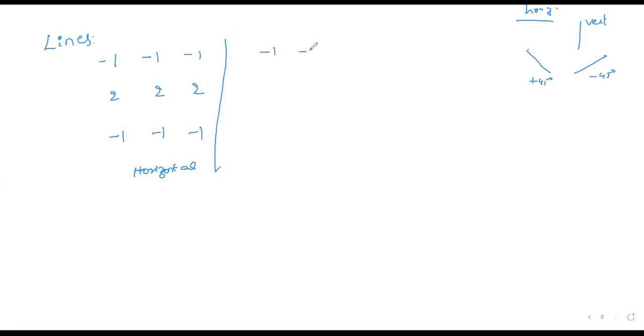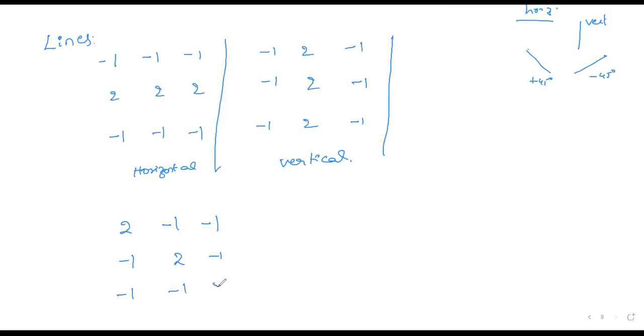Next, minus 1, minus 1, minus 1, 2, 2, 2, minus 1, minus 1, minus 1, arranged vertically. This is for the vertical line. Next, plus 45: 2 minus 1 minus 1, minus 1 2 minus 1, minus 1 minus 1 2.